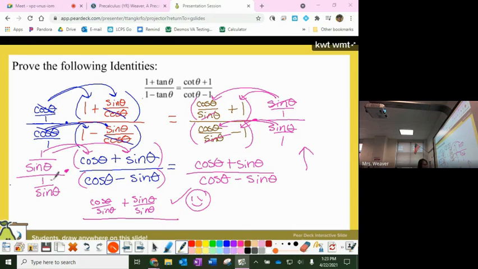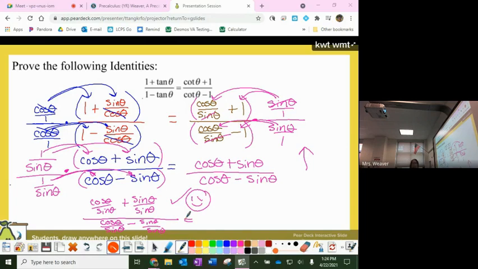Over, when I distribute in the denominator, that gives me cosine theta over sine theta. And when I distribute to the second term, that gives me negative sine theta over sine theta. Okay, so I saw what the opposite of it would be. I was like, I totally could do that. So that gets me unstuck and I can see it.